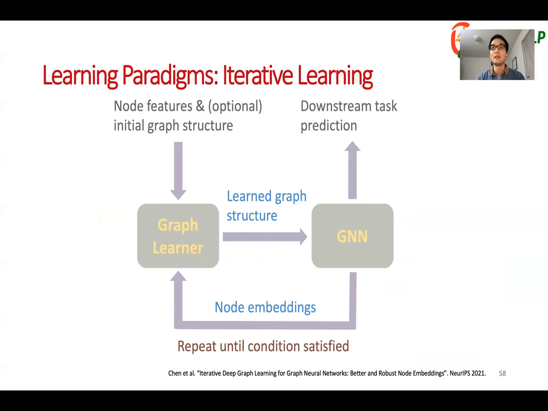As a result, the iterative learning paradigm repeatedly refines the graph structures and the graph representations toward the optimal downstream performance. And various stopping conditions can be applied for the iterative learning process. For example, one can stop the iterative process when the difference between learned adjacency matrices at consecutive iterations is small enough.